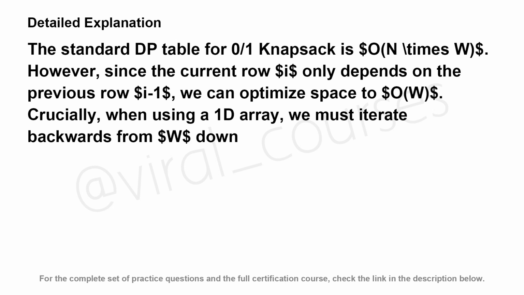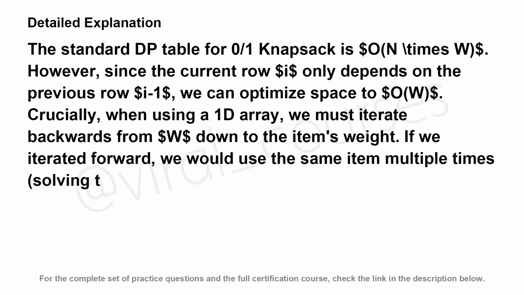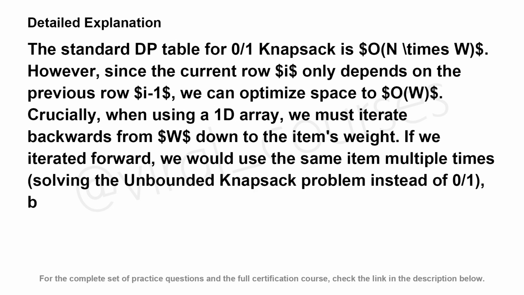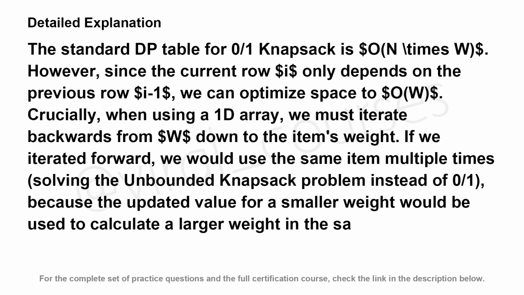Crucially, when using a 1D array, we must iterate backwards from W down to the item's weight. If we iterated forward, we would use the same item multiple times, solving the unbounded knapsack problem instead of 0/1. Because the updated value for a smaller weight would be used to calculate a larger weight in the same pass.